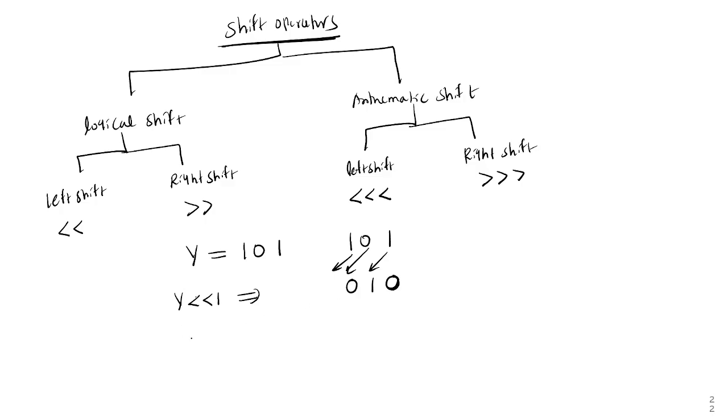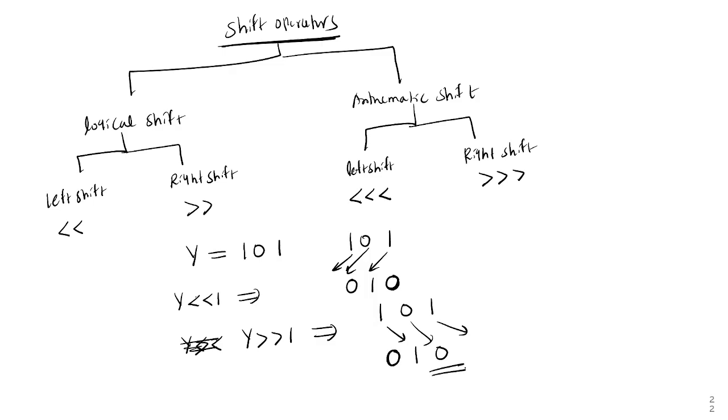Suppose you take logical right shift with the same number 101. This bit will be gone, the others will come to the next positions, and whatever vacant position is there will be loaded with 0.